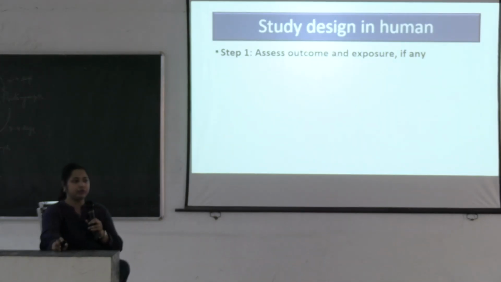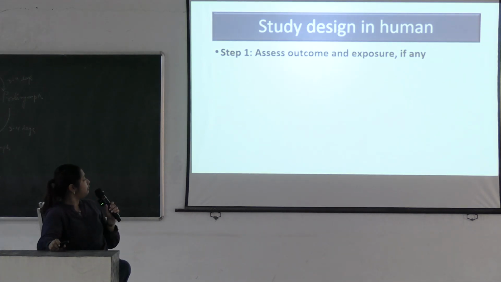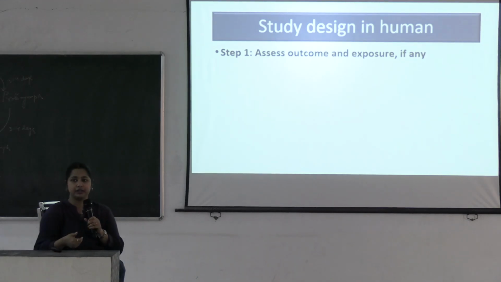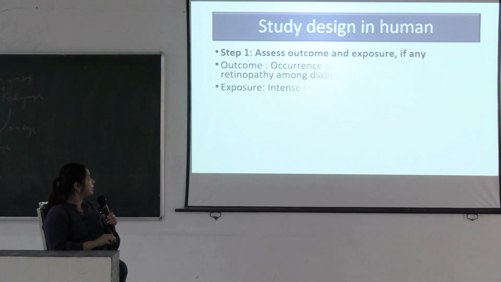Now, firstly, how will you know if a study is an experimental study? You have to first assess the outcome on the exposure, if any. For example, you are reading a study or a case scenario is given to you. You have to first understand what the exposure mentioned in the study is and what the outcome is.